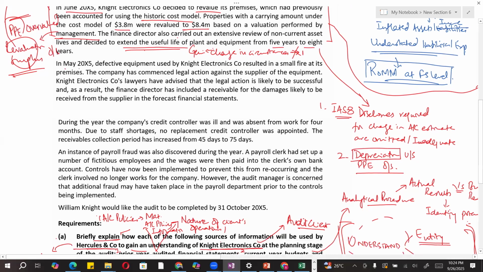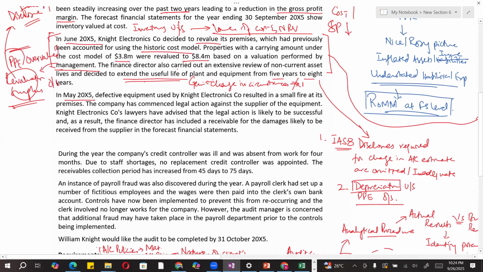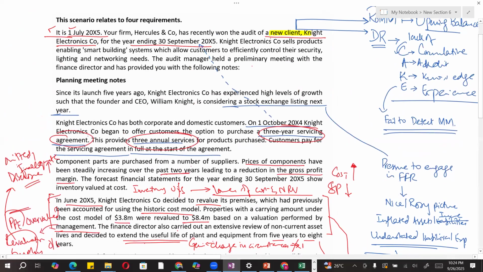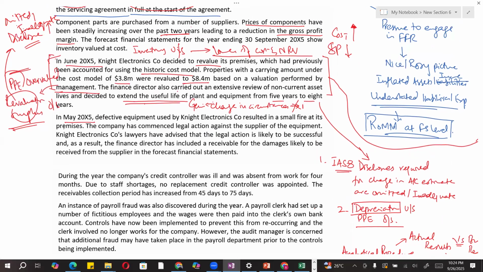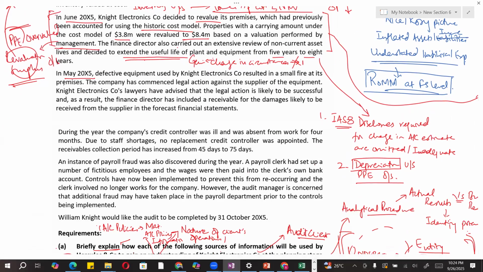Okay, in May 2x5, again, let's compare with the year end. The year end is 30th September, so something that happened during the year before the year end. Defective equipment used by Knight Electronics Co. resulted in a small fire at its premises.